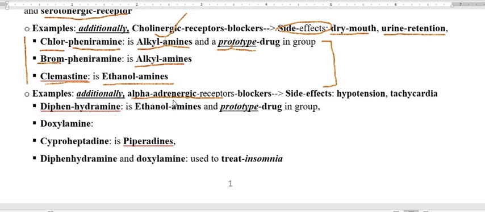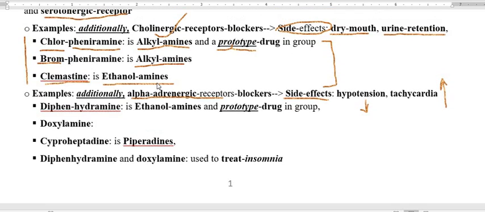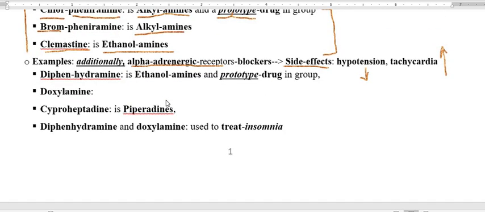Because they block the alpha adrenergic receptor, the side effects are hypotension, meaning it lowers the blood pressure, and it increases the heartbeat, which we call tachycardia. So in addition to blocking the H1 receptor, the drug also blocks the alpha adrenergic receptor.